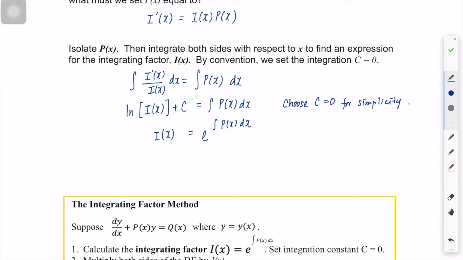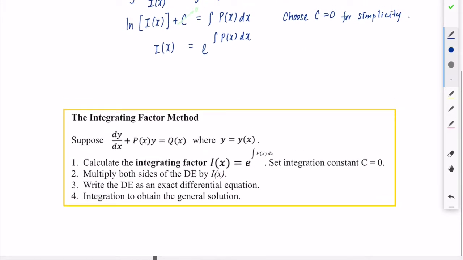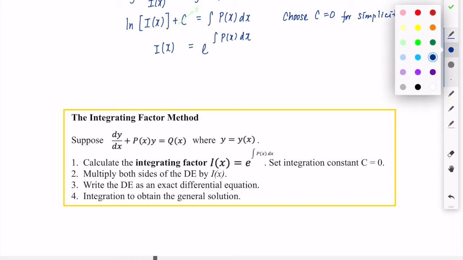And we can maybe use the box underneath to summarize what just happened. So to use the integrating factor method to solve an exact differential equation, we have to make sure first we begin with a linear differential equation.